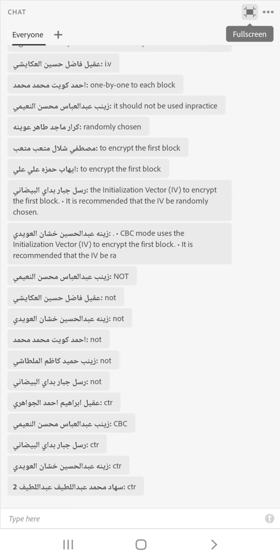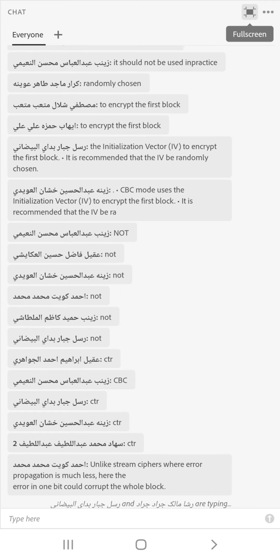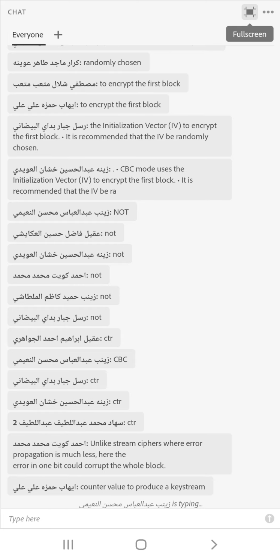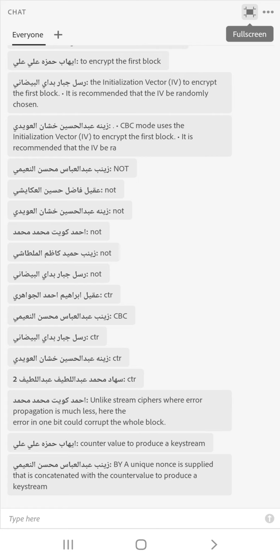How is the key stream generated in counter mode, in CTR mode? Just explain. A unique nonce is supplied that is concatenated with the current value to produce a key stream.